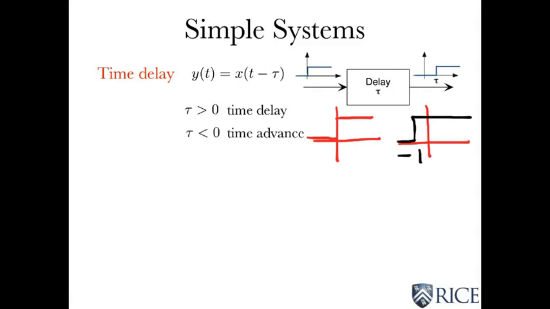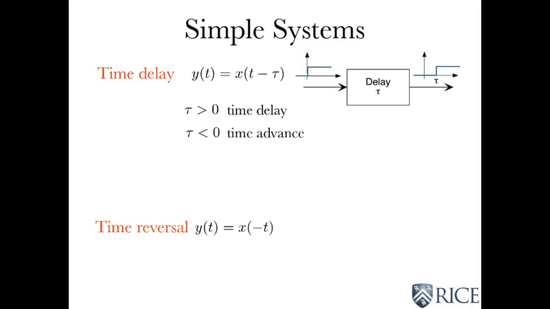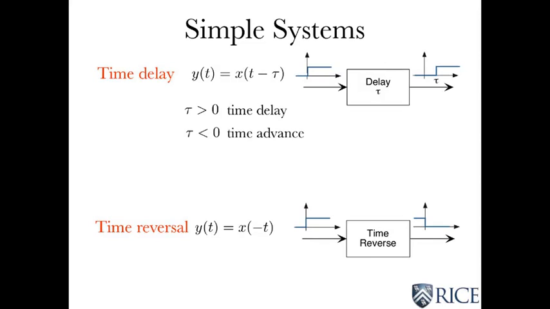I have another example along similar lines, something that's easy to write but hard to build, and that's called time reversal. So here, using our unit step input, you put in the unit step, and it comes out time reversed. Sorry, I said delayed by mistake. So notice that again, the value at, let's say, time -1 is going to be the value of the input at time 1.